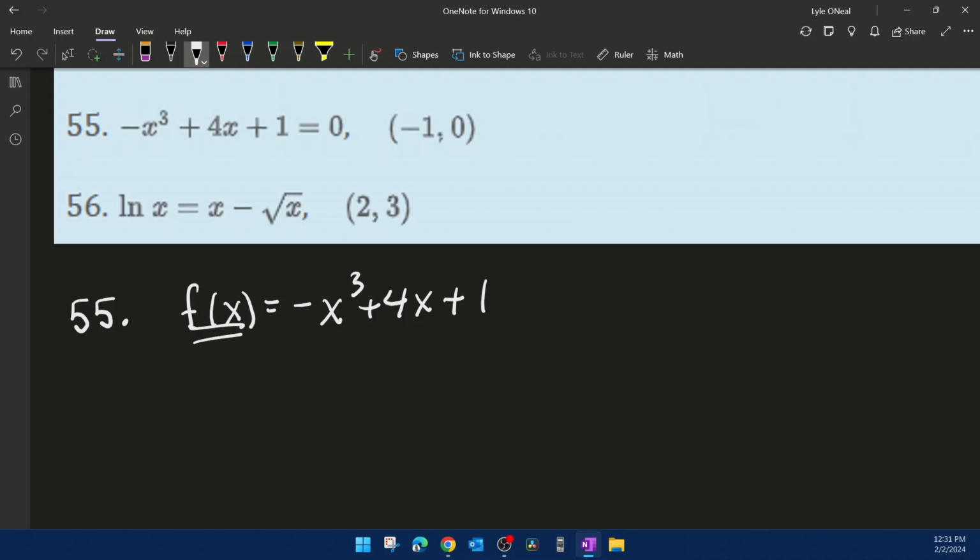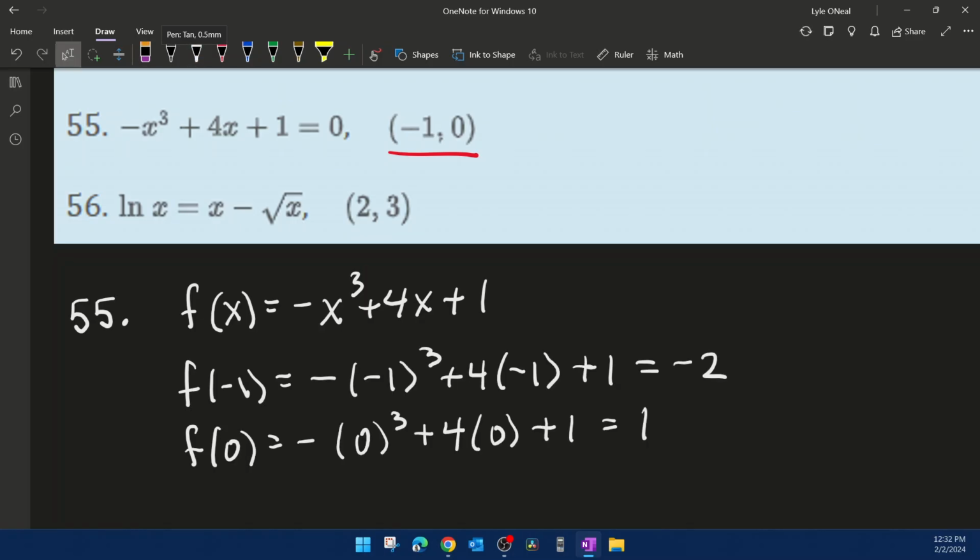That's our y value. So we want to know, where is y 0? That would be what we would ask if we were looking for the solution. Here we simply want to determine if there is a solution on this interval. So we need to calculate f of -1 and then calculate f of 0, and if those are opposite sign, then we will know that there has to be a solution.